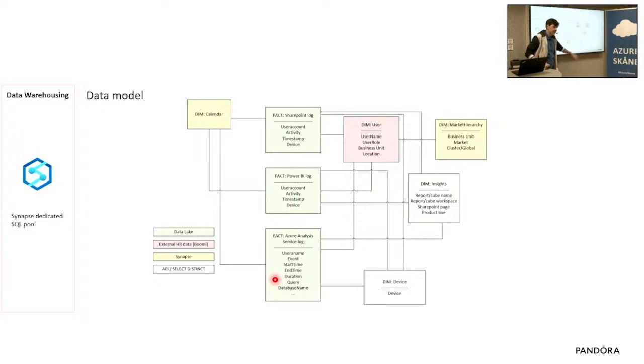Then the devices: is it an app, is it a browser, what kind of browser, what kind of operating system. And of course something coming from outside, related to the user, because from the audit logs you just get the user account, the email.